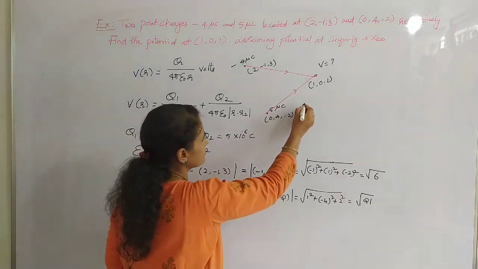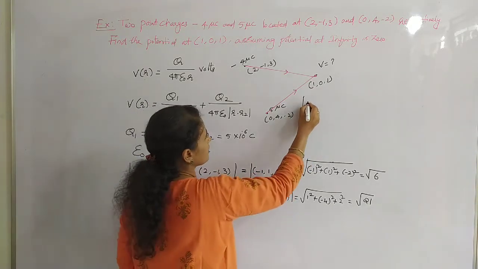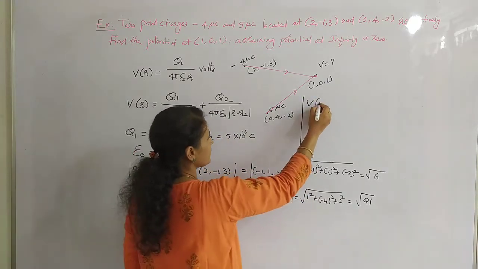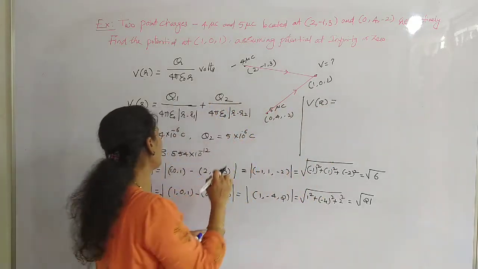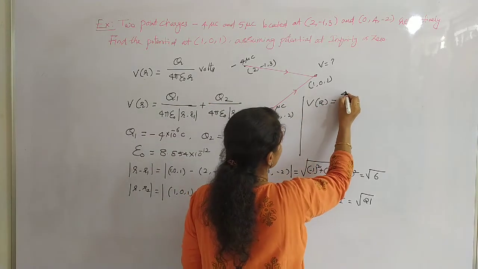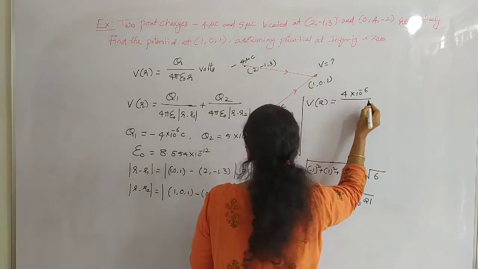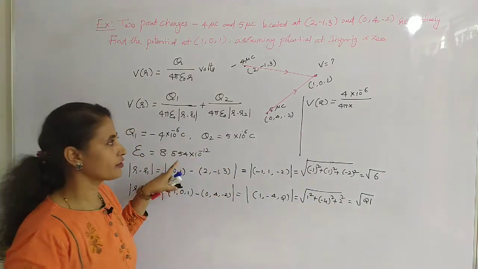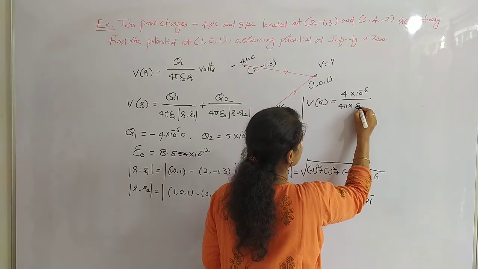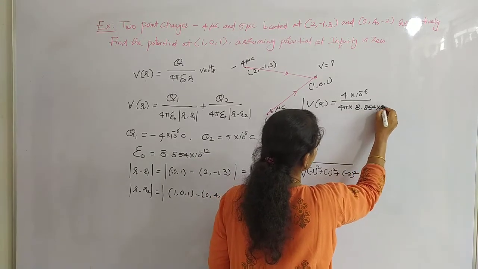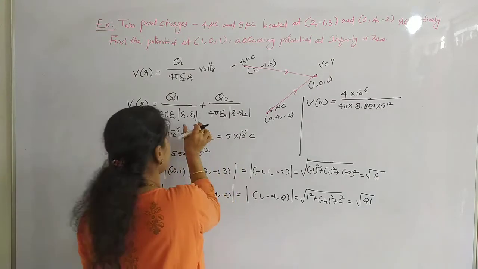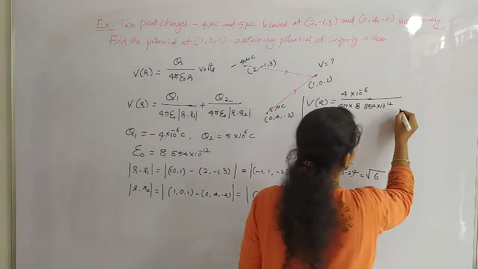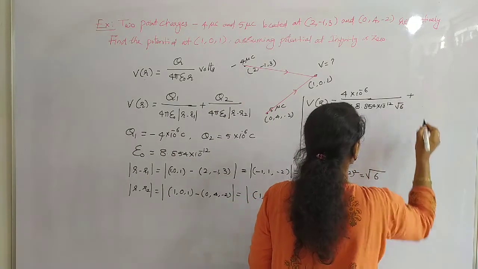So I will write here the potential at the point (1, 0, 1), that is V of R, which is given by: Q1, -4 into 10 raised to -6, by 4 pi epsilon naught, 8.854 into 10 raised to -12, into the magnitude of the difference of distances, root 6.